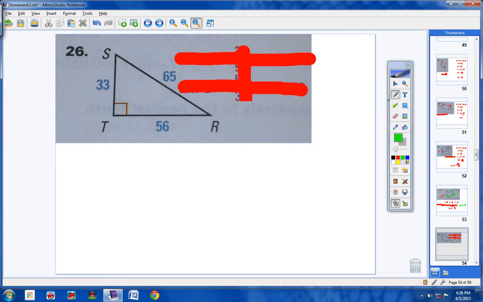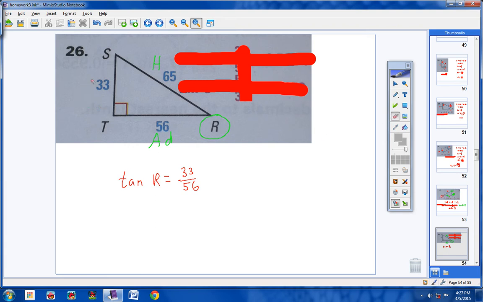Alright, now, once again, let's start off with the tangent of R. Circle R, go straight across. This is your opposite. Here's 90, so this is your hypotenuse. So the last side is your adjacent, okay? So the tangent of R equals opposite over adjacent, 53 over 56, okay?